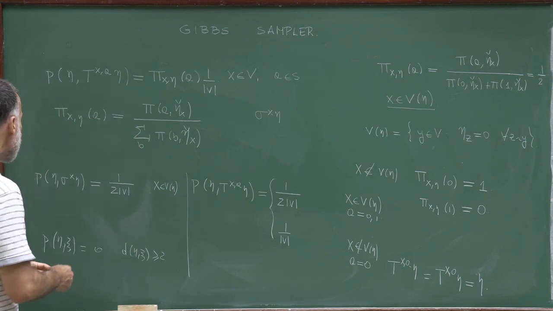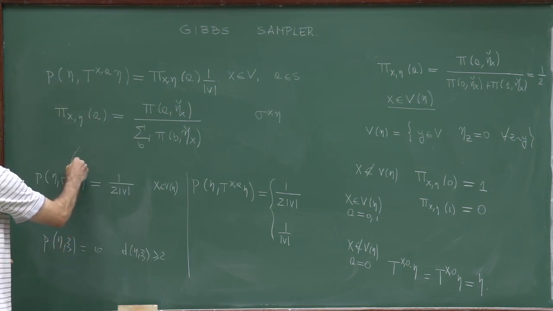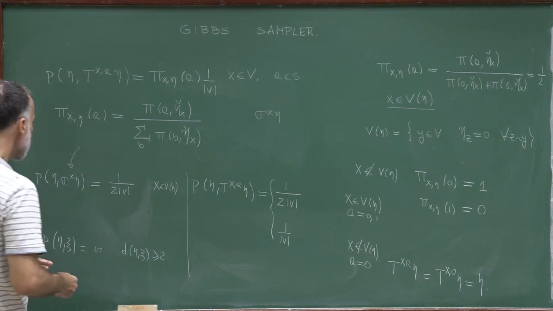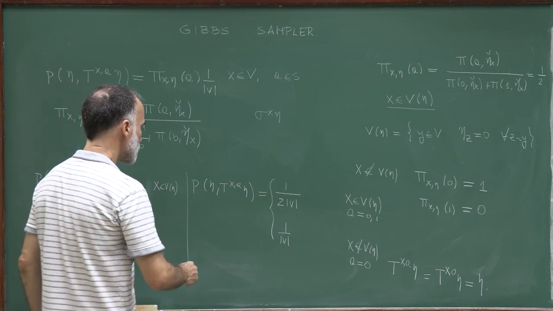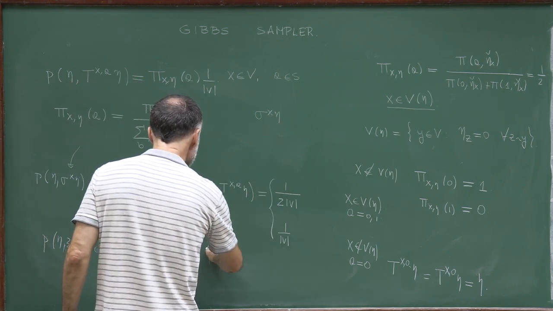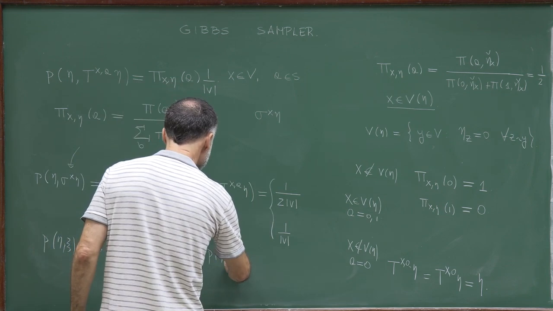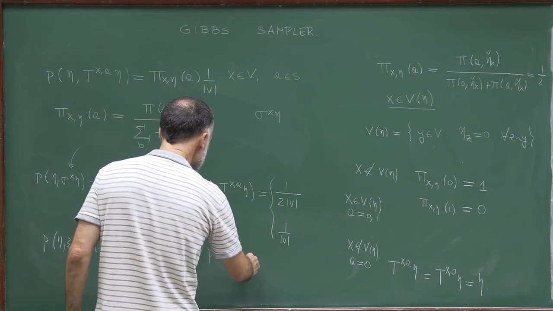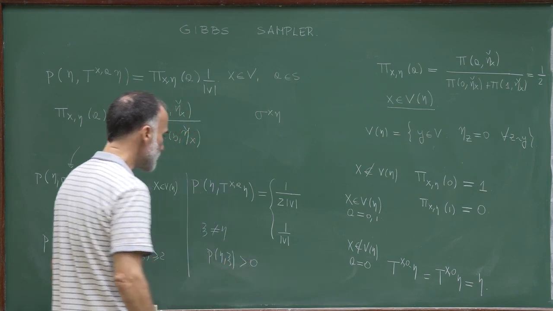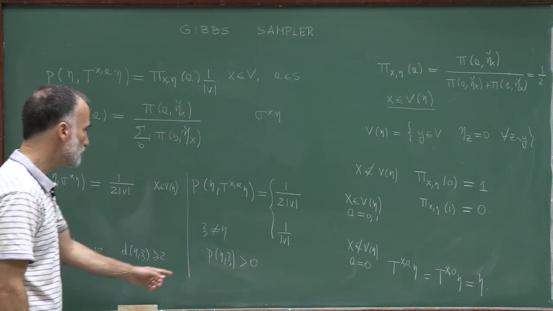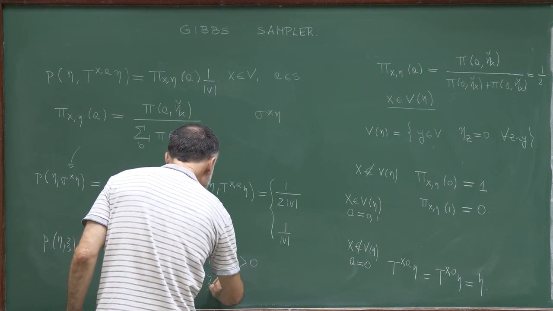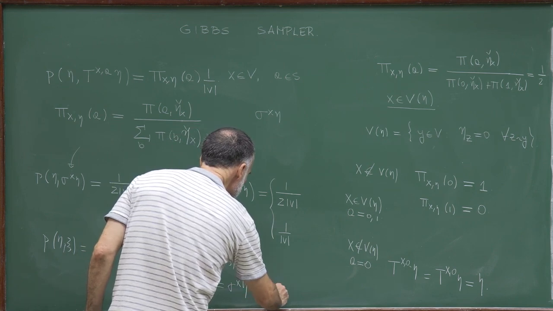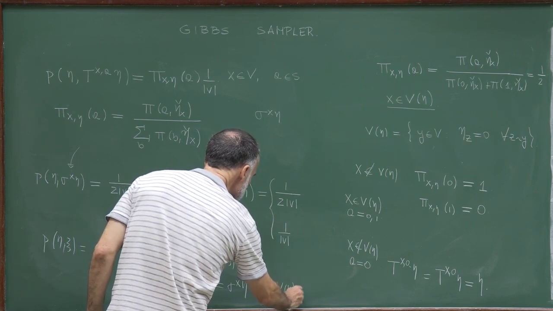So what I'm claiming, what I'm making a point of here, is that the only configurations in the hard-core model for the Gibbs sampler are these: if I take xi different from eta, and if p(eta, xi) is positive, then xi is equal to sigma_x of eta for x in V of eta.